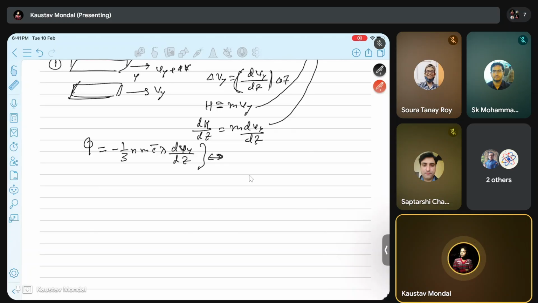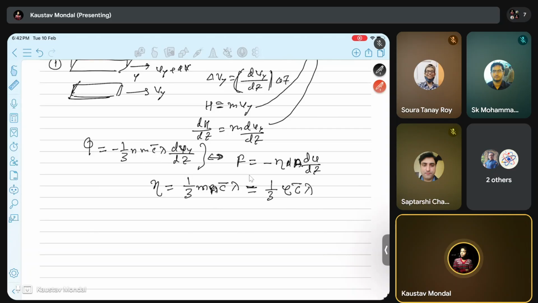Now if you compare this with the viscous force law, F equals minus eta dA du/dz, you will be getting the expression of eta as 1/3 m n c bar lambda, or you can write it in terms of rho, 1/3 rho c bar lambda, depending upon the problem. If the problem mentions rho, the density of the gas, then you have to use rho. If it mentions the number density, then you use mn c bar lambda.